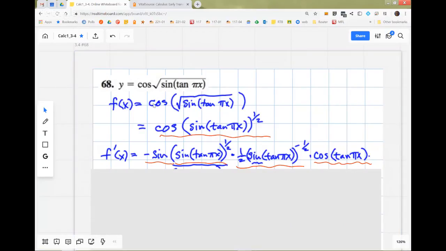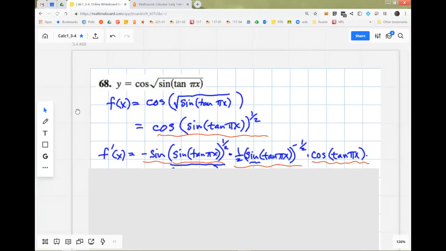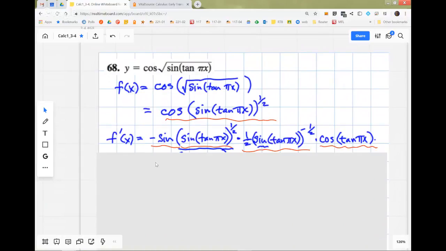First of all, the outer thing is cosine, and the derivative of the cosine is minus the sine. So minus the sine of that whole thing. Chain rule: the derivative of the inside, the sine of something. Now the next thing we've got is the 1/2 power, the next outermost thing.